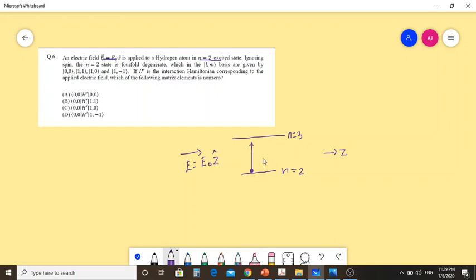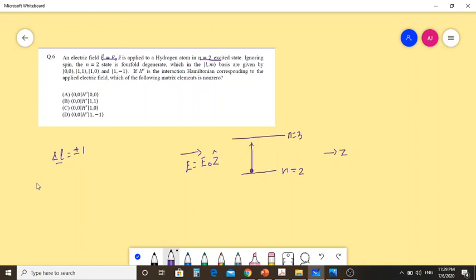What about the orbital quantum number? Whenever the electric field interacts with an electron in any excited state, the selection rule says delta L changes by plus or minus 1. Whenever it is absorbing the photon, it goes to the plus 1 excited state; the orbital quantum number changes by plus 1.